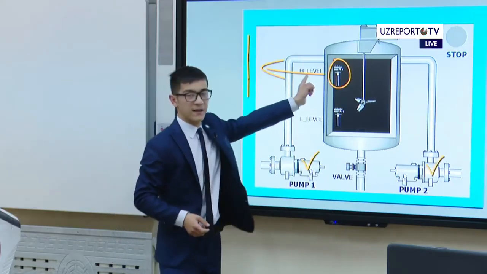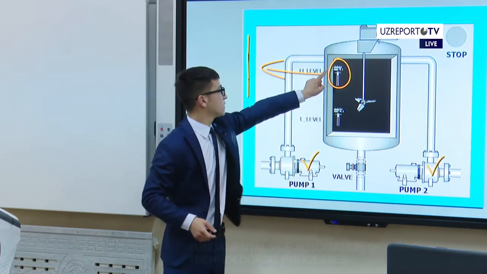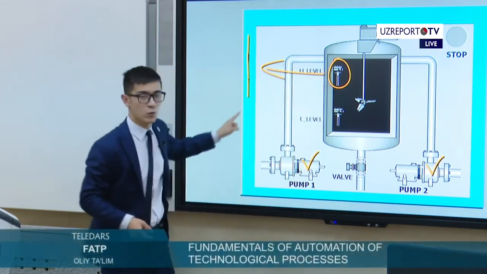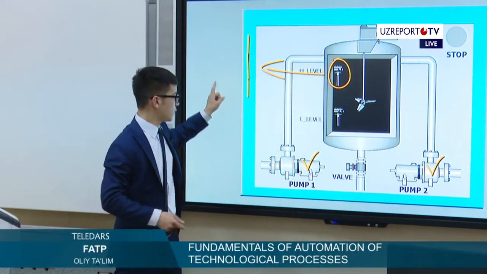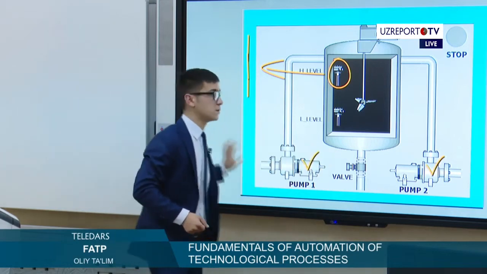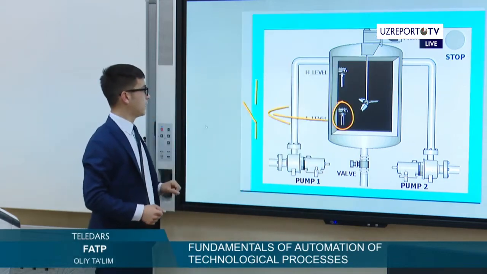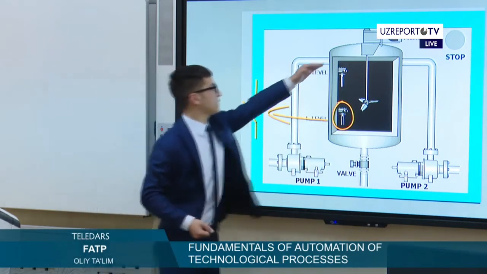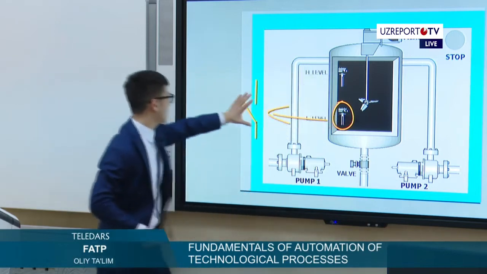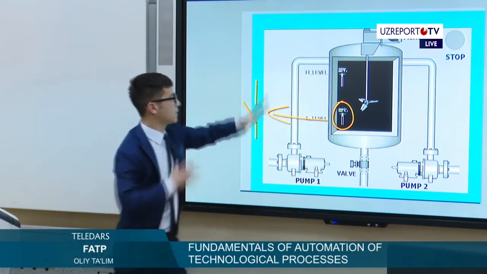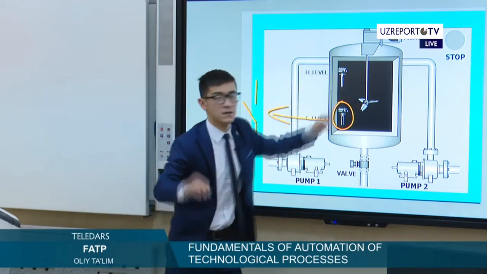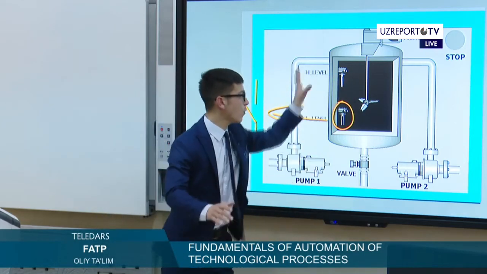When we have a high level, the sensor will give the signal to the controller to run the pumps. And when it comes down, the connection is switched off. It means the technology process is over, and the mixer must stop working. And the valve stops, all the process will stop.